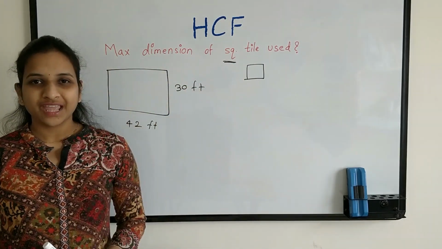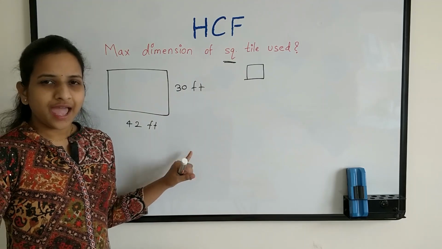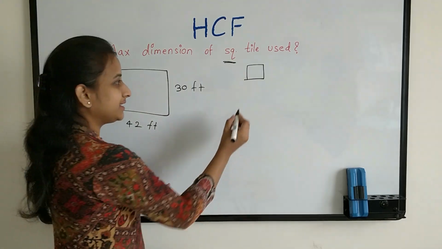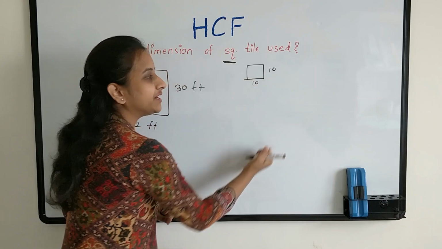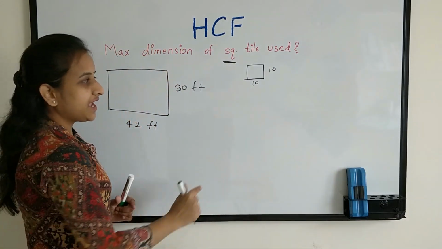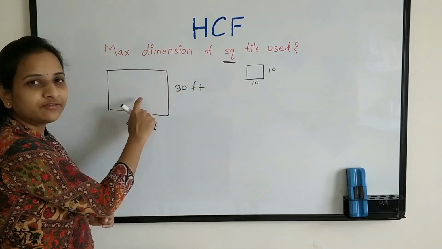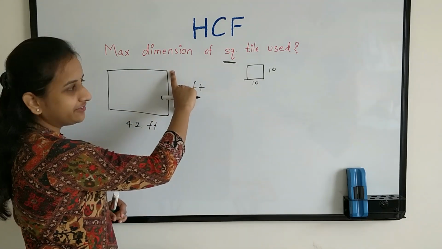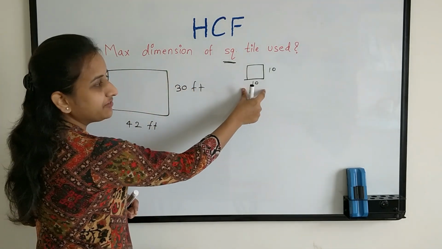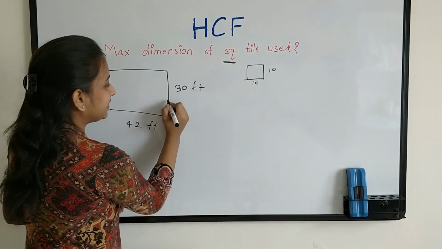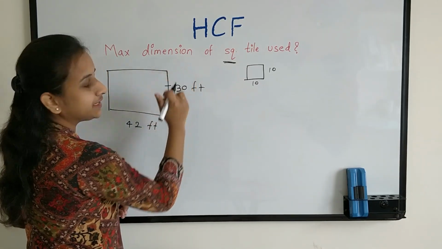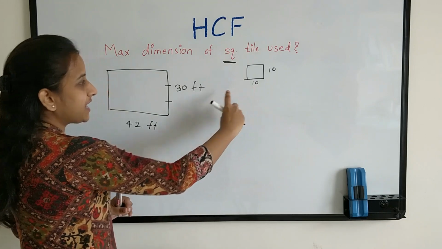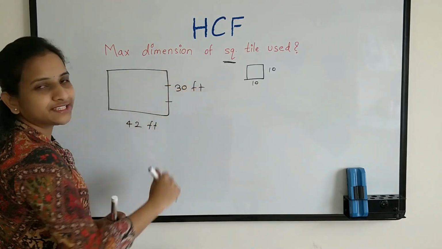Okay. To understand this example, I am taking a random square tile, 10 feet by 10 feet. Now let's check whether this is suitable for the flooring job or not. For this side, 30 feet, with a 10 feet by 10 feet tile: 10, 20, 30. So this tile will fit the 30 feet side.